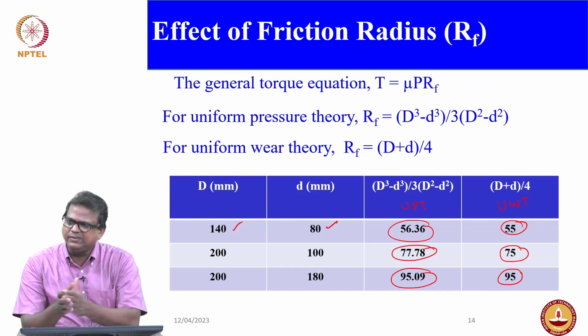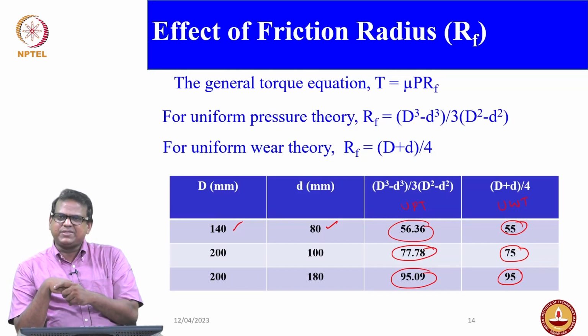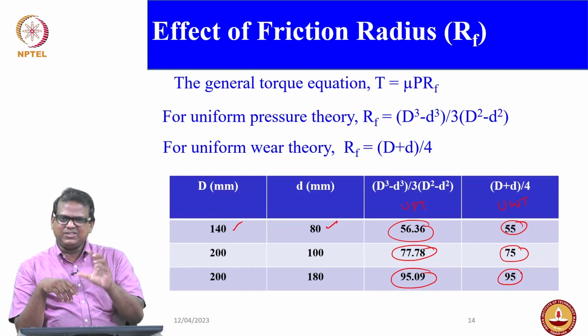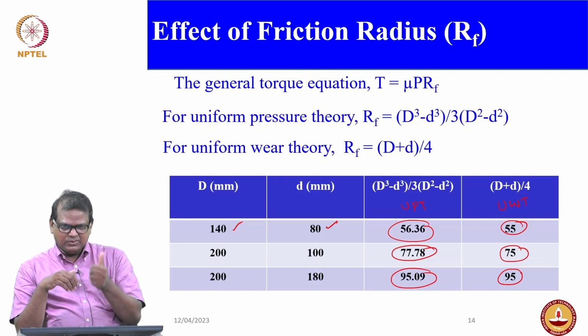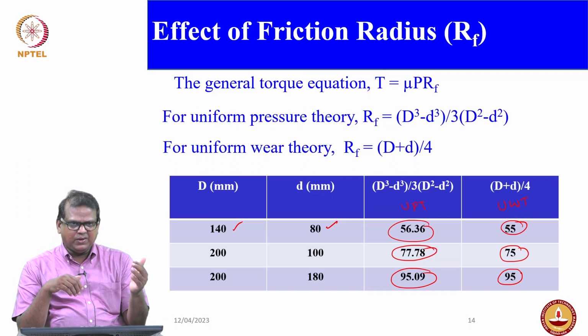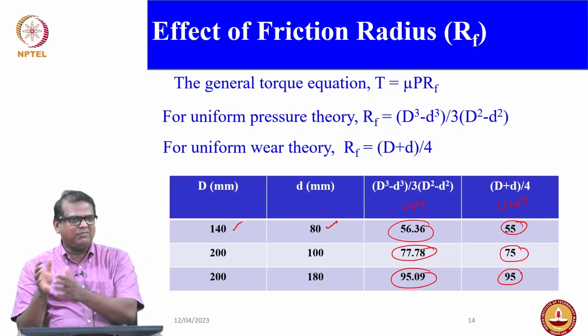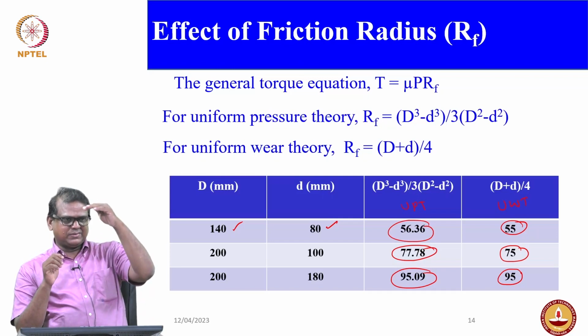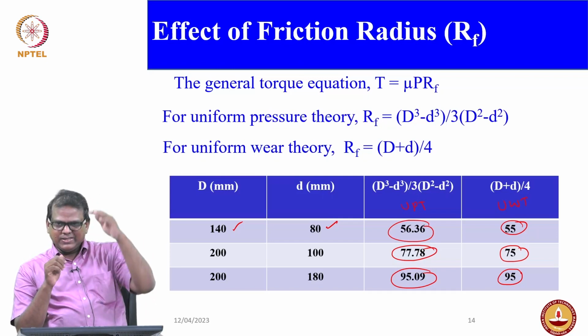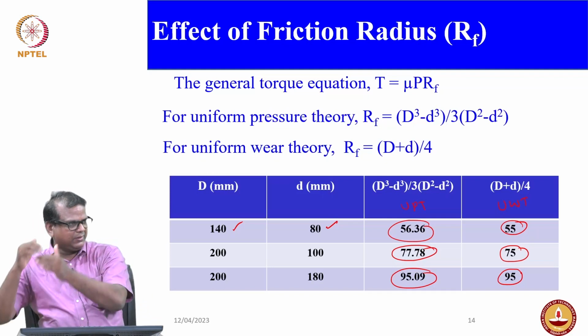So, as a design engineer, which is the safest one, uniform pressure theory or uniform wear theory? Look, uniform pressure theory has a maximum torque, while uniform wear theory has a lesser torque, okay. So, already you fix the maximum torque for when it is brand new. As it progresses, due to wear, the torque is reduced.